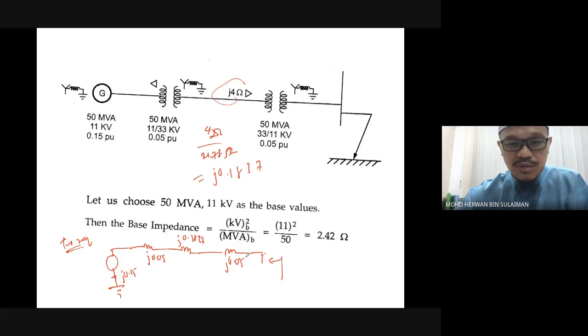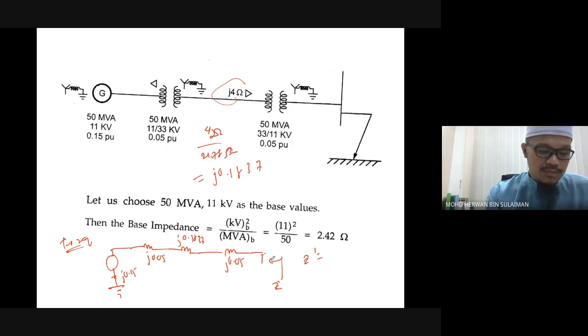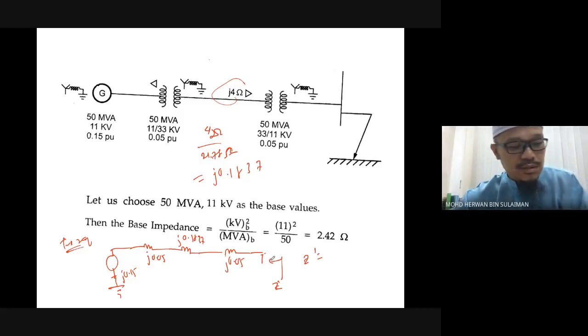So from here you can find your positive sequence is just a series. Right? Just add all of these. Z1 equals what? Add, because it is just series. 0.15 plus 0.05 plus 0.1837 plus 0.05 gives 0.4337 per unit.